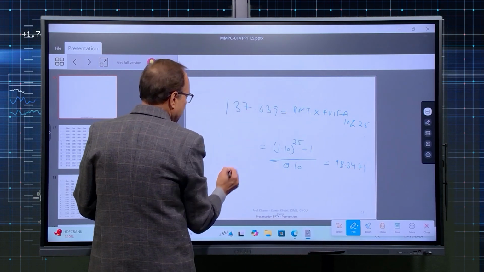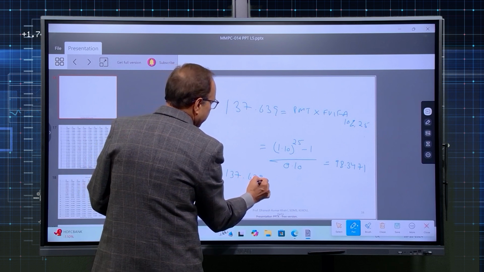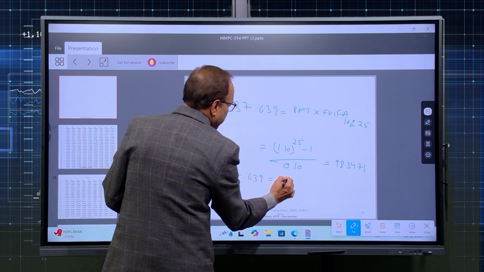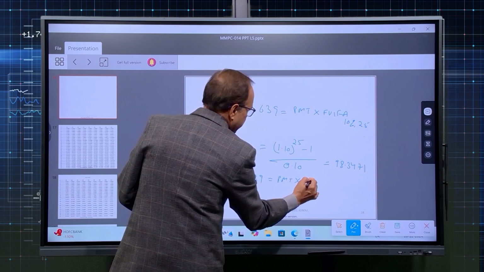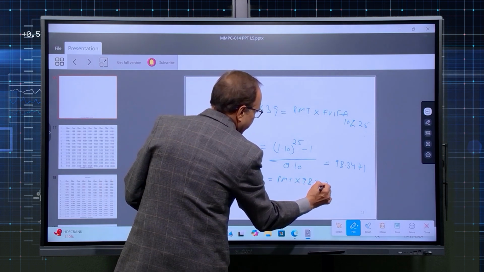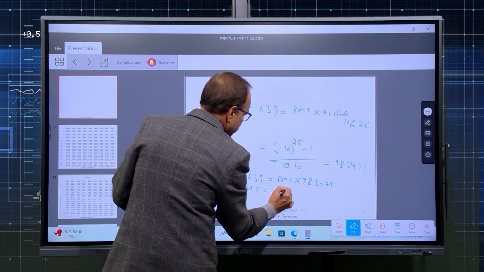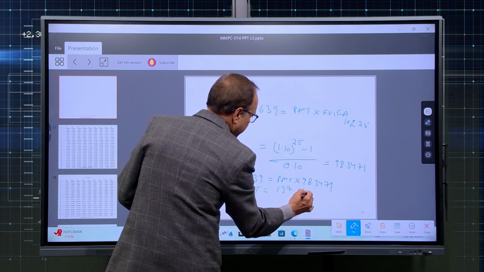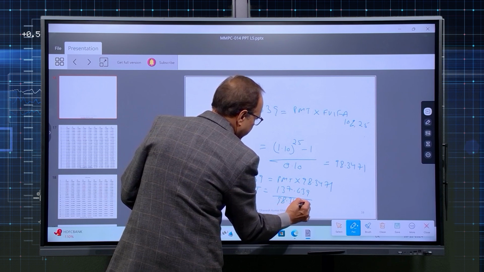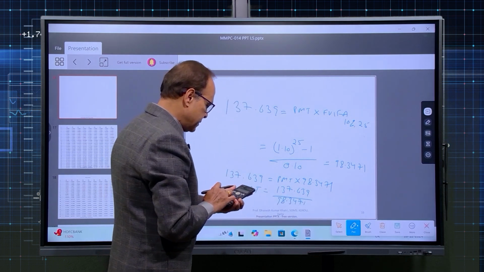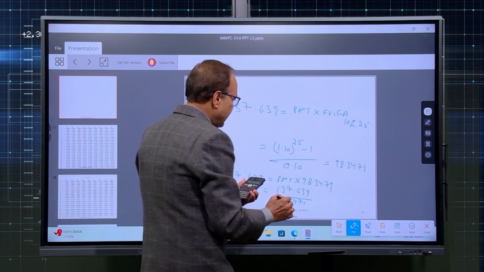Now, if you plug in the values, 137.639 is equal to PMT multiplied with the same factor, 98.3471. That means my PMT becomes 137.639 divided by 98.3471. I will get the answer 1.3995.